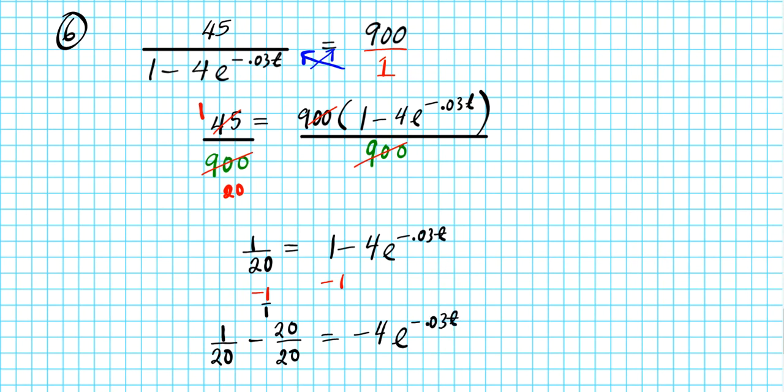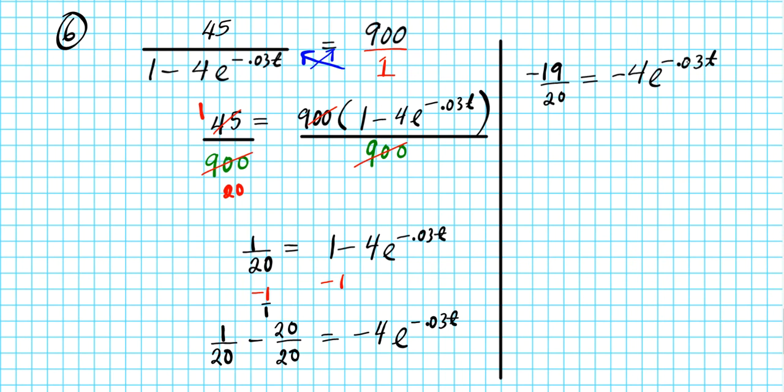On the left side, subtracting 1 from 20 over 20 in this way gives us negative 19 over 20, and that's equal to negative 4e to the negative 0.03t.